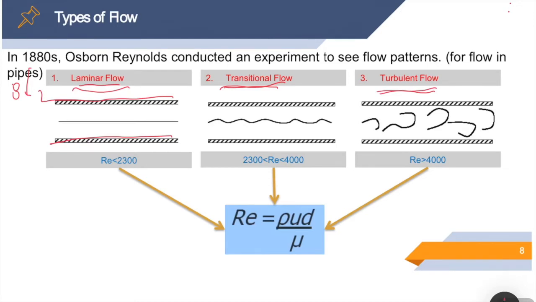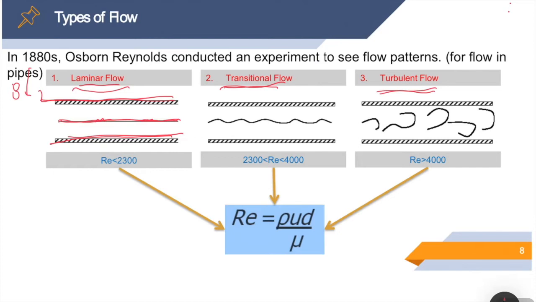When we put a dye in a pipe where a fluid is flowing, we observe that the dye streak forms a straight, smooth line at very low velocities, and this is laminar flow. Sometimes we might see a little bit of fluctuation, but it goes back to a smooth streamline flow. So this is called laminar flow.